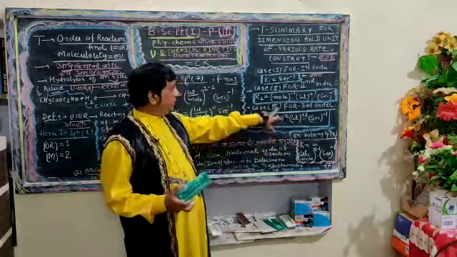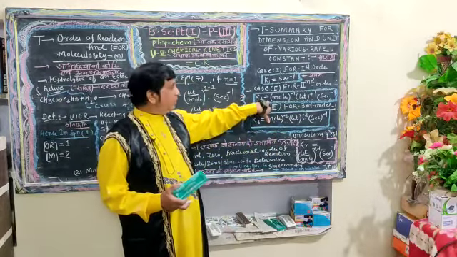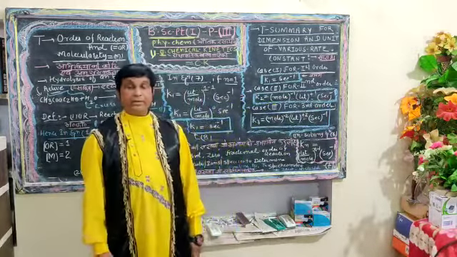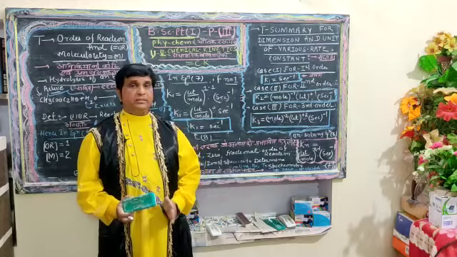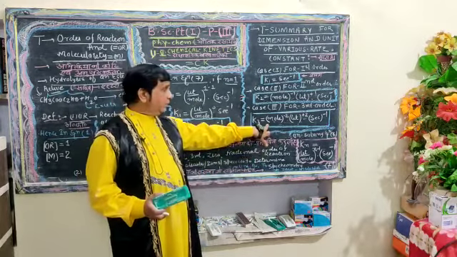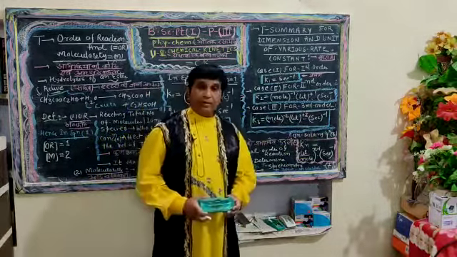We have determined the value of the second order rate constant K2 equals mole minus 1 liter plus 1 second minus 1. Similarly, in the same sense, we have also calculated the value of K3 equals mole minus 2 liter plus 2 second minus 1.